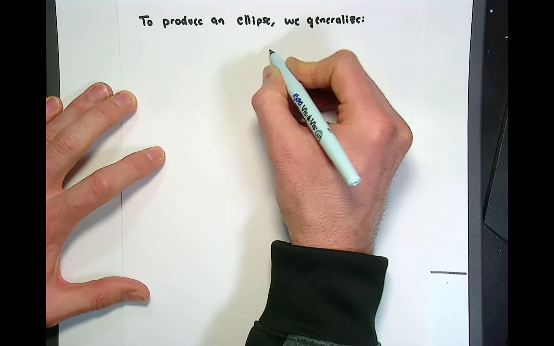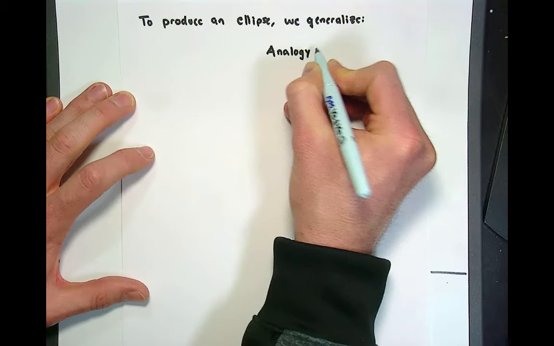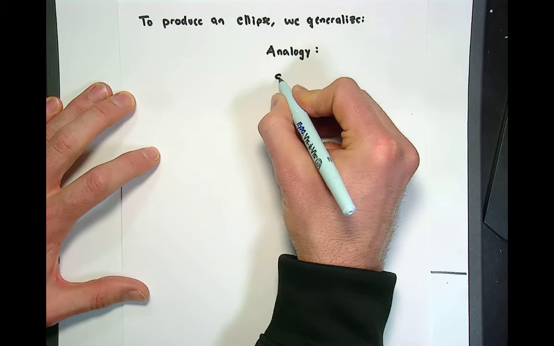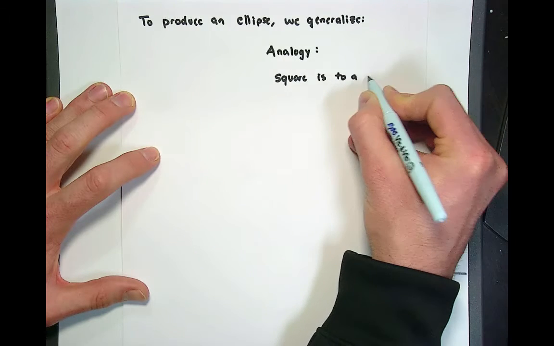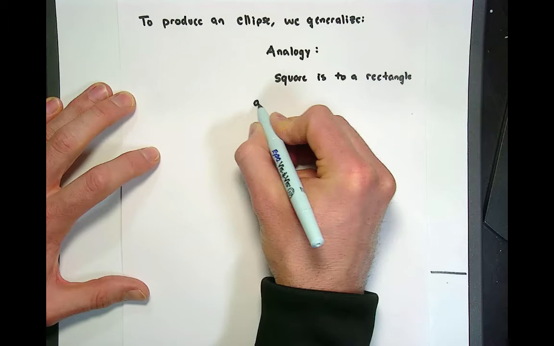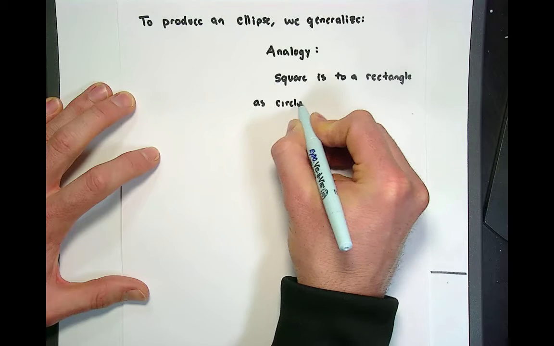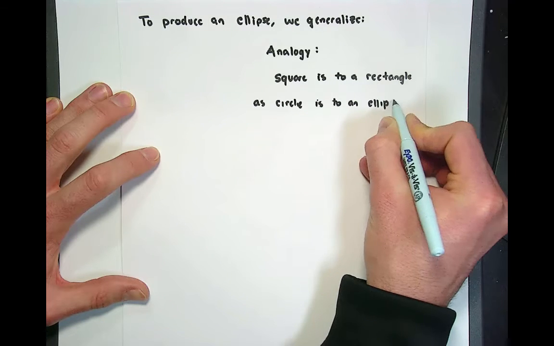And I want to create an analogy. The analogy is like this. A square is to a rectangle as a circle is to an ellipse.